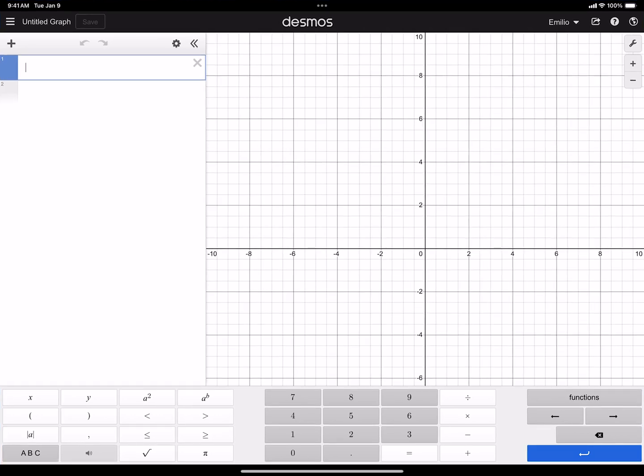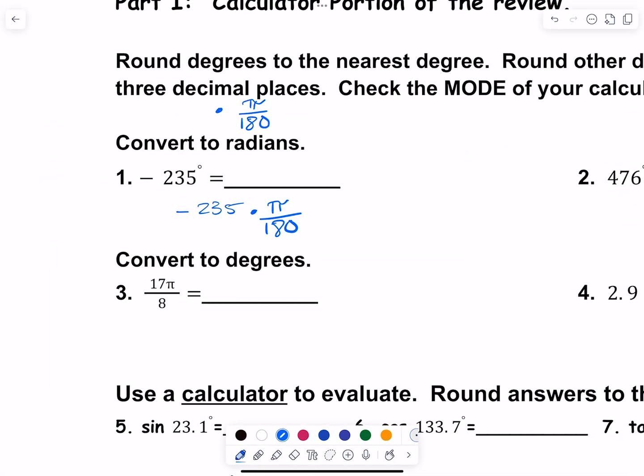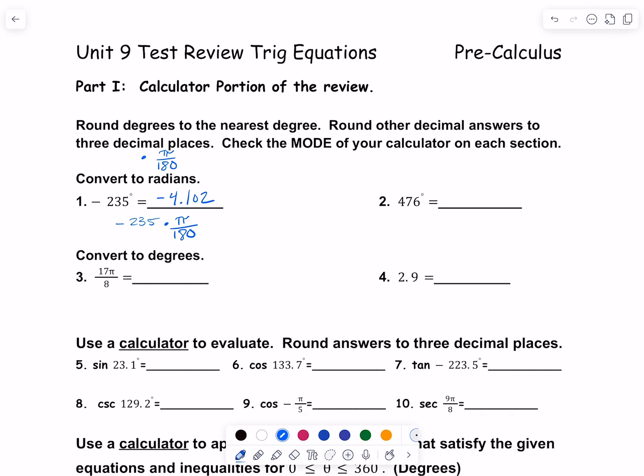You leave the negative, times pi divided by 180, and that gives you the answer. So that would be negative 4.102.